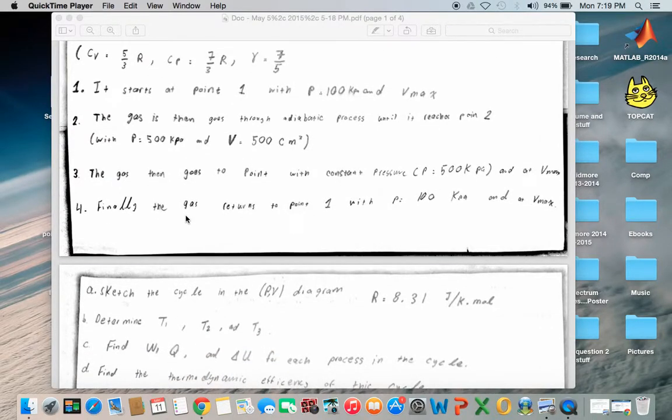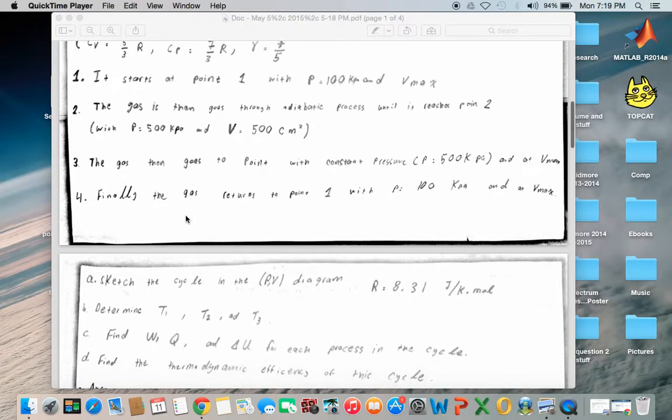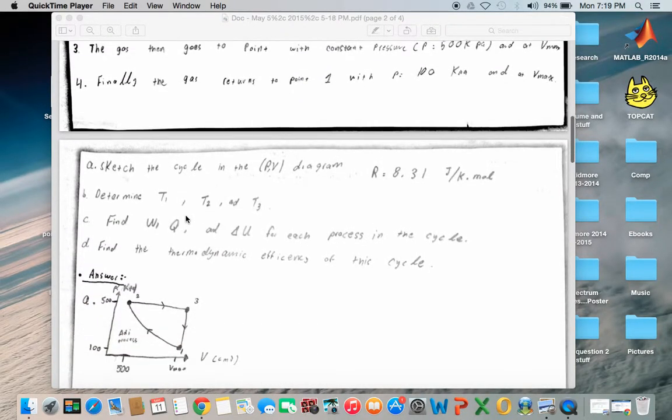The gas then goes to a point with constant pressure P 500 kilopascal and at Vmax. Finally, the gas returns at point 1 with pressure of 100 kilopascal and at Vmax. So we need to sketch it, we need to determine all the temperatures, we need to find every Q, W, and delta U for each of the processes, and then find the thermodynamic efficiency of the cycle.